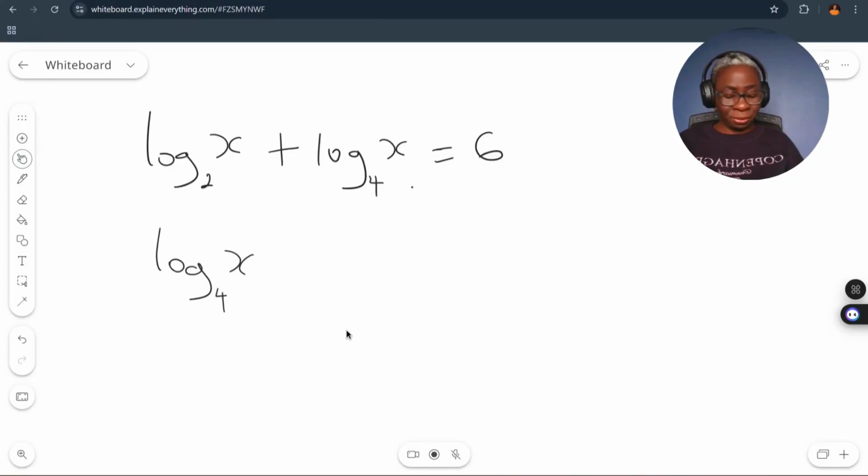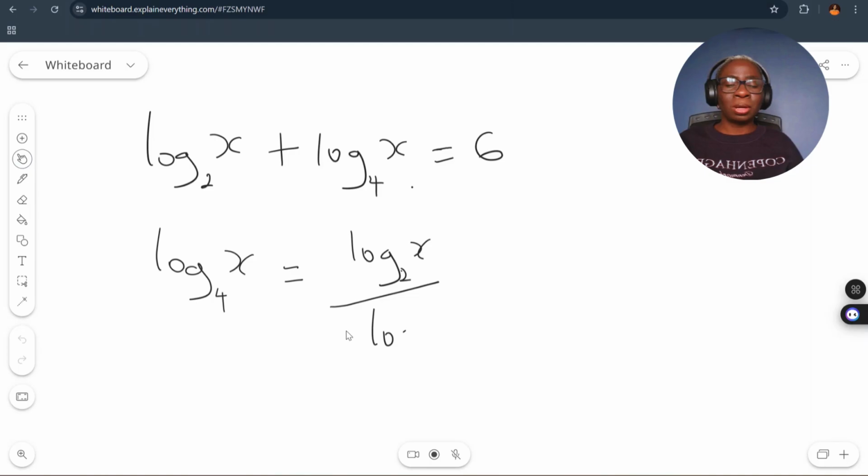Because we have base 2 here, we'll change the base to 2, so that log x base 4 equals log x base 2 over log 4 base 2. The goal is for us to have the same base all through.